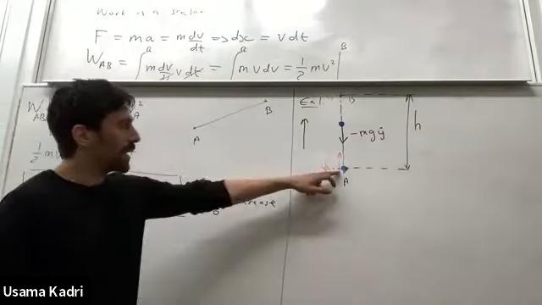So what is the force first? Force is Fx in the x direction plus Fy in the y direction plus Fz in the z direction. That dr can also decompose as some dx in the x direction plus dy in the y direction plus dz in the z direction.